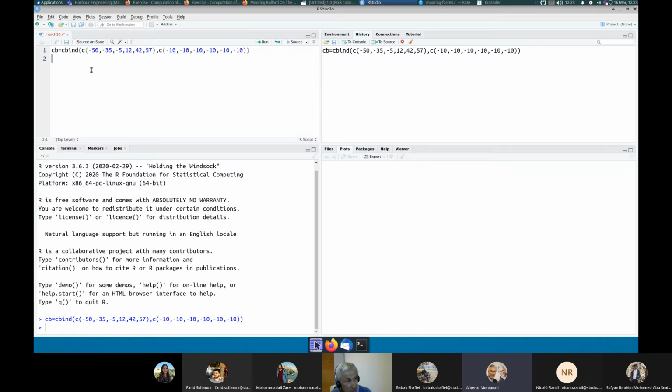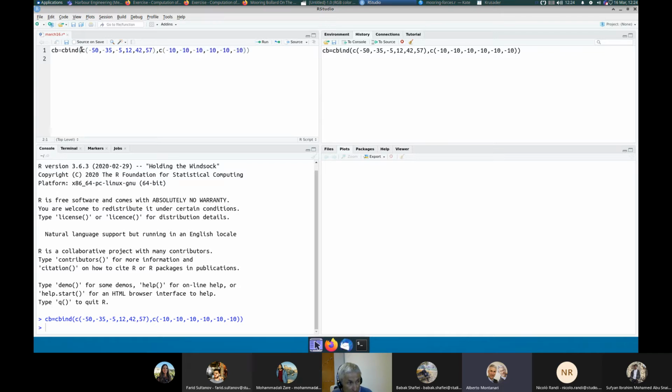Okay, very good. So what is CB? It's the coordinate of the bollard, and it's done through an array. What is the function cbind? It is column bind. It is binding two vectors, and you see the first one is the vector of the x coordinates, and the second one is the vector of the y coordinates.